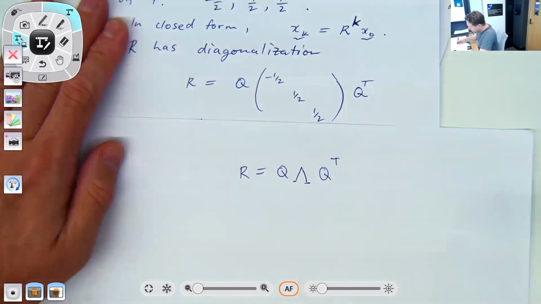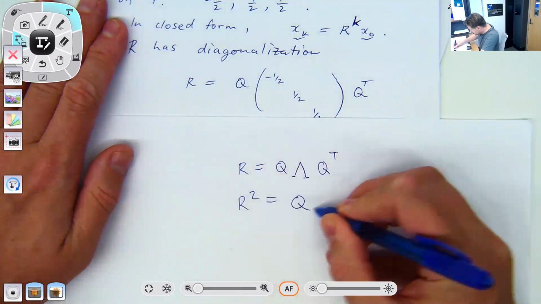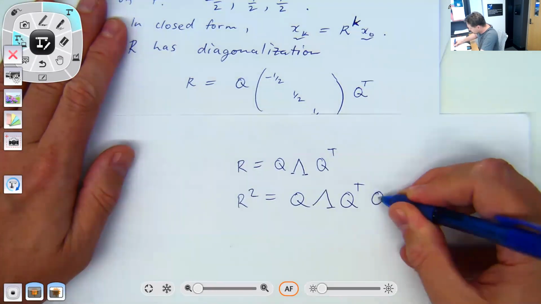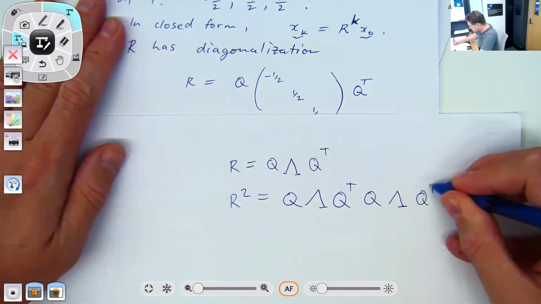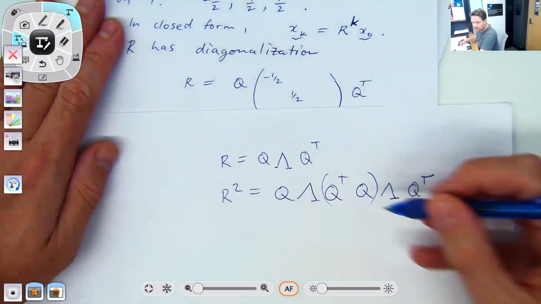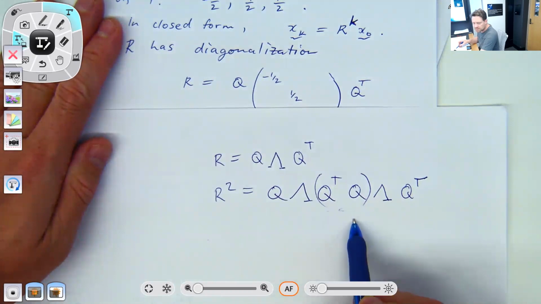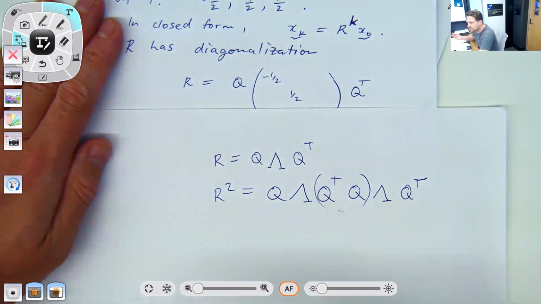So let's calculate what R squared is. R squared is Q lambda Q transpose, and then we have another one, Q lambda Q transpose. At this point, you observe that each of these is orthogonal, so the product Q transpose Q has to be the identity, because the inverse of Q is Q transpose.